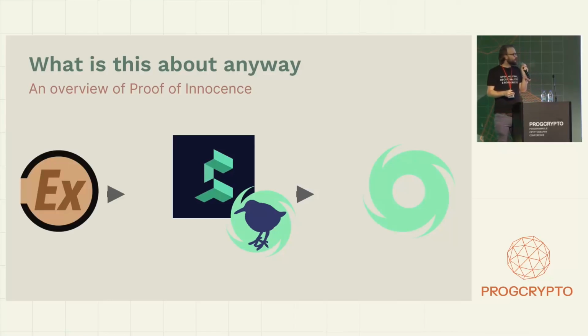So that's how we get to exclusion lists. The proof of innocence tools need some way to know what lists they are excluding and what they are referring to. And so that's where we get to the project that I'm working on, which is exclusion lists, which is essentially serving those lists.